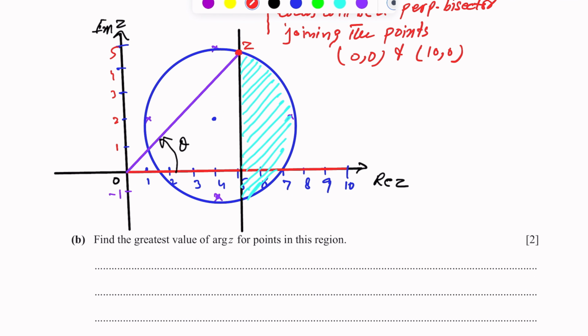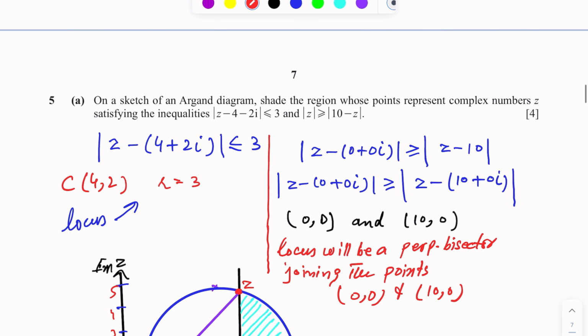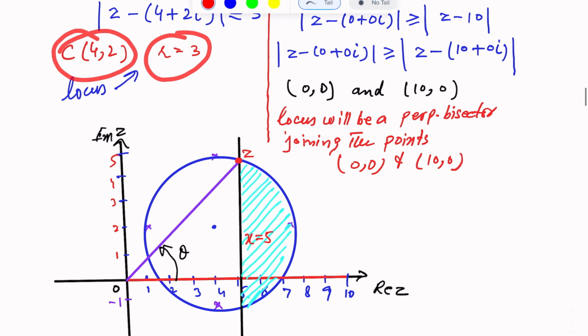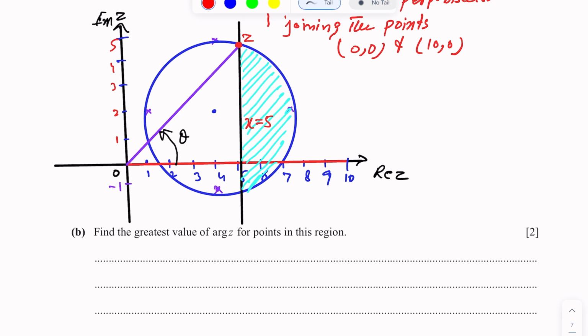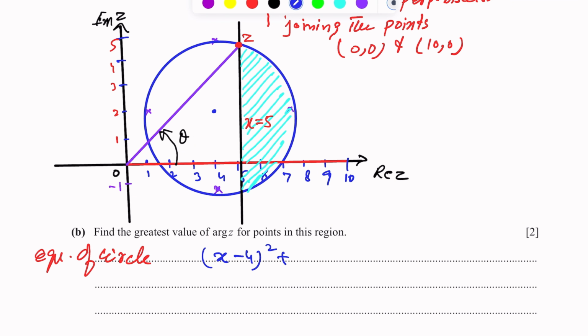We will solve simultaneously the equation of this line, x is equal to 5, and the equation of the circle. We can find it because the circle's center is (4, 2) and radius is 3. So the equation of circle will be (x minus 4) whole square plus (y minus 2) whole square is equal to r square.